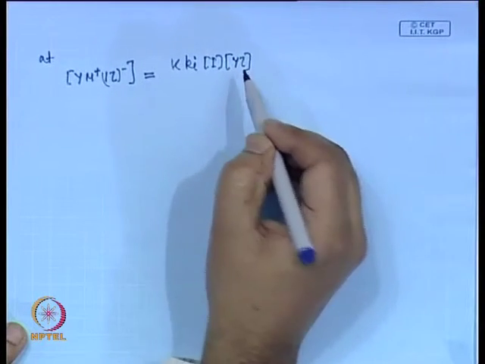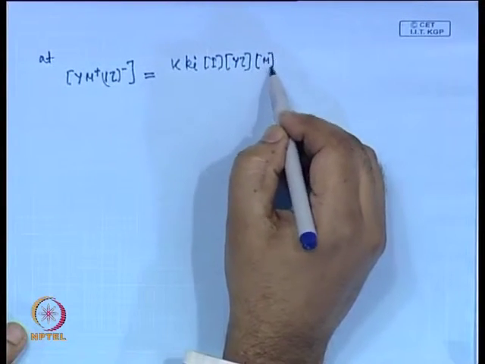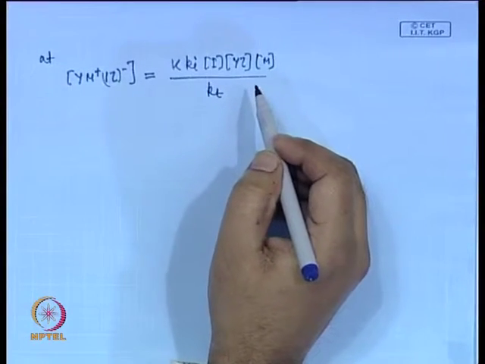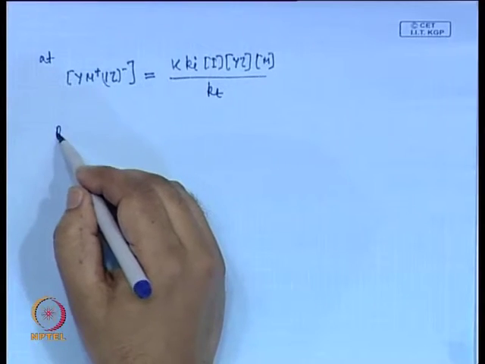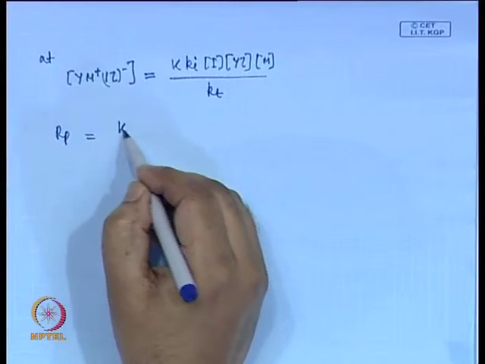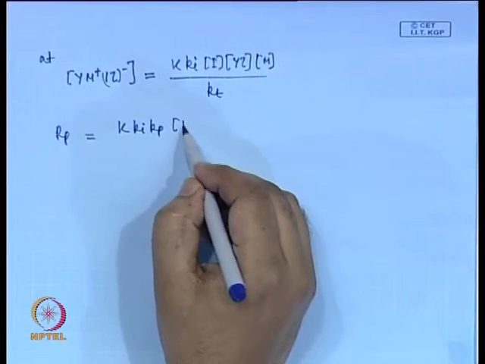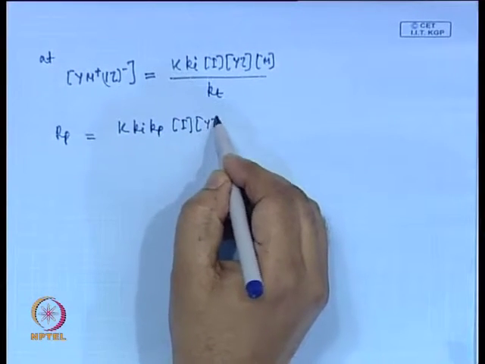We have used a similar approach in case of radical chain polymerization. So, we get this. So, Rp similarly can be obtained: Kp, Ki, Yz.